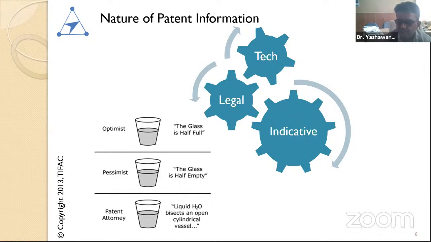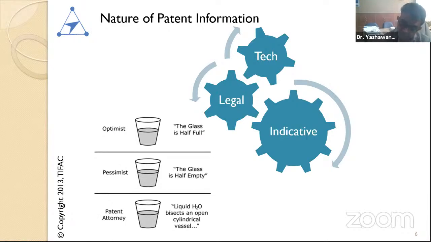Even having that kind of description from a scientific point of view, it says liquid H2O bisecting an open cylindrical vessel. And here, I'm an industrialist, looking at the same example from the point of view of utilizing this particular invention, and I read the patent claim.